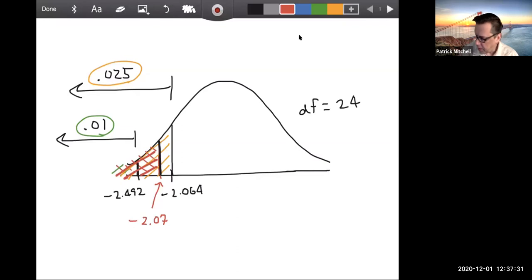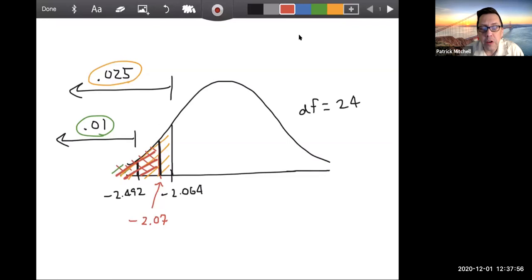What the table is telling me is that if I look at negative 2.064, remember this is a left tail test, the area to the left of negative 2.064 is 0.025. And then the area to the left of negative 2.492 is 0.01.